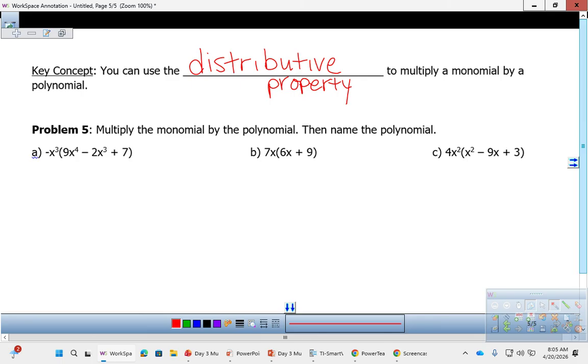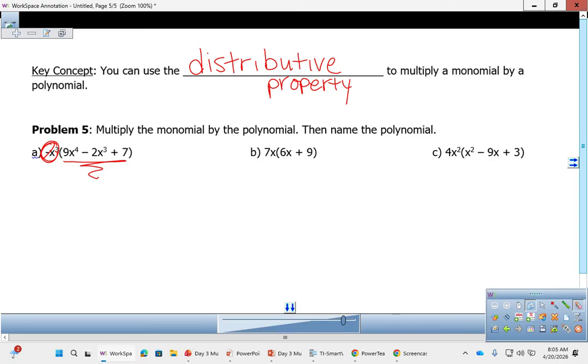So here's my monomial, and this is my polynomial, although this is really a trinomial, right? So I'm multiplying a single-term monomial by a three-term trinomial. I'm going to use the distributive property to do that. So I am going to multiply this in.